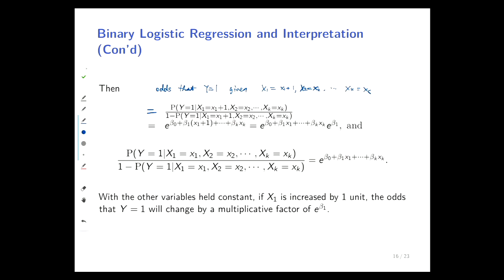This odds should be equal to this probability divided by 1 minus the probability. Here we consider the control variable idea. That means we control the other variables x2 to xk, but we change the first variable x1. Then we can obtain the odds in this case, and this is the odds result based on this model. Also we can compute the odds that y equals 1 given x1 equals x1, but we keep the other variables the same.